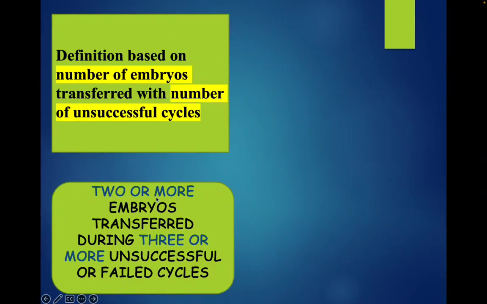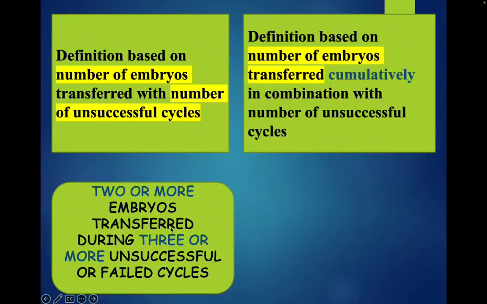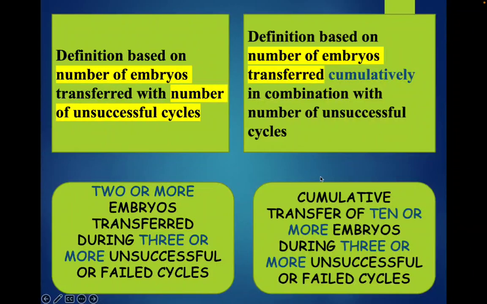Here we can see that 2 or more embryos transferred, so the number of embryos is included, and 3 or more unsuccessful, so cycles are also included. Another definition is based on the number of embryos transferred cumulatively in combination with the number of unsuccessful cycles: cumulative transfer of 10 or more embryos during 3 or more unsuccessful or failed cycles.